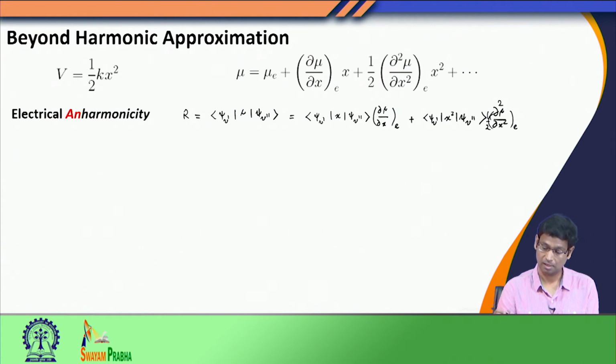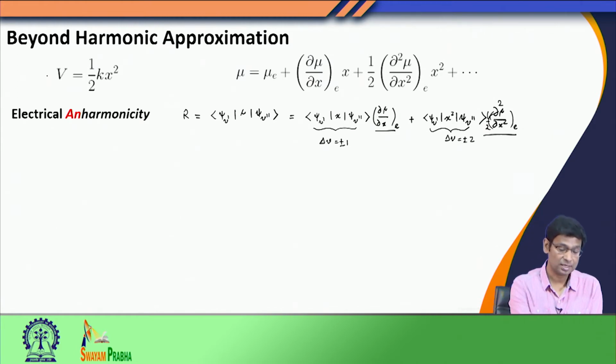This has a half over here. This is the curvature of mu with respect to x, this is the slope of mu with respect to x, and these two integrals, as we discussed in the last class, the first will survive when delta v equals plus or minus 1, and the second will survive when delta v equals plus or minus 2.